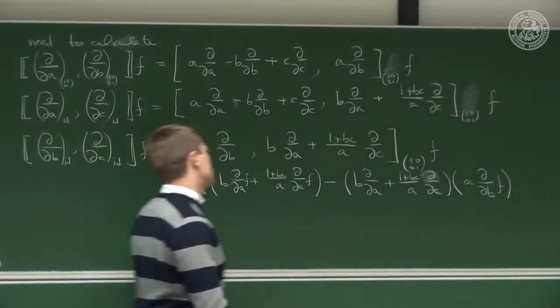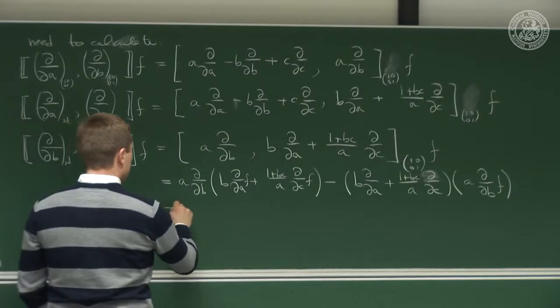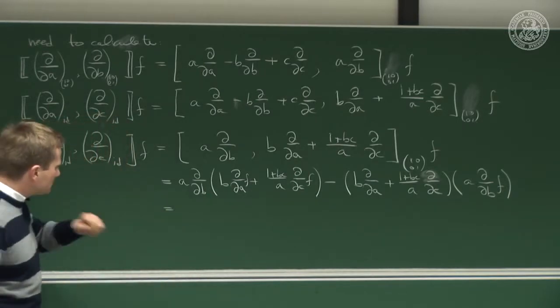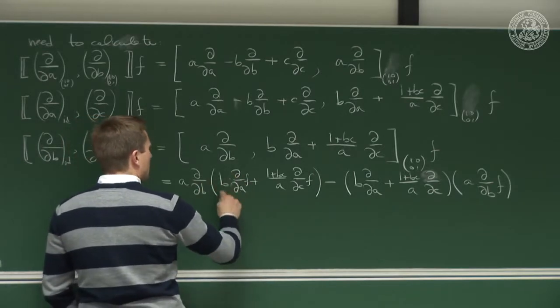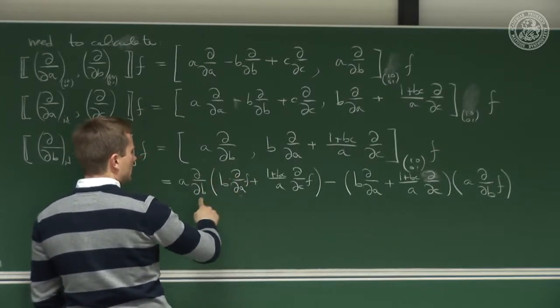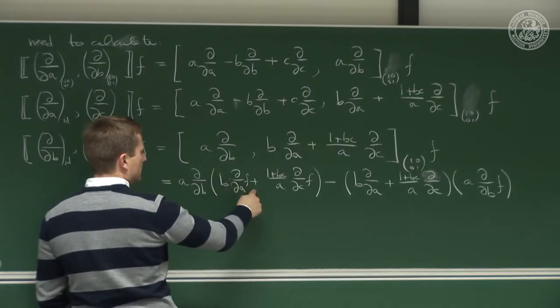Yes, that's right. So that's this guy. So now let's do this action properly. So now you see d by dB acts on this guy, but that's a product rule needed because the B acts on the first factor and on this one.